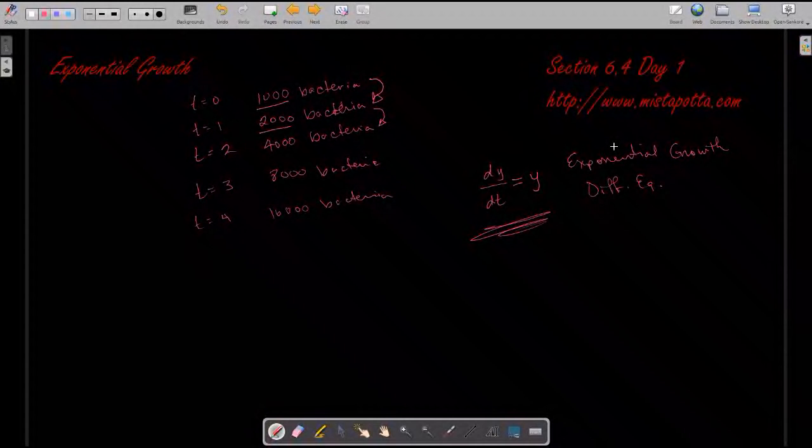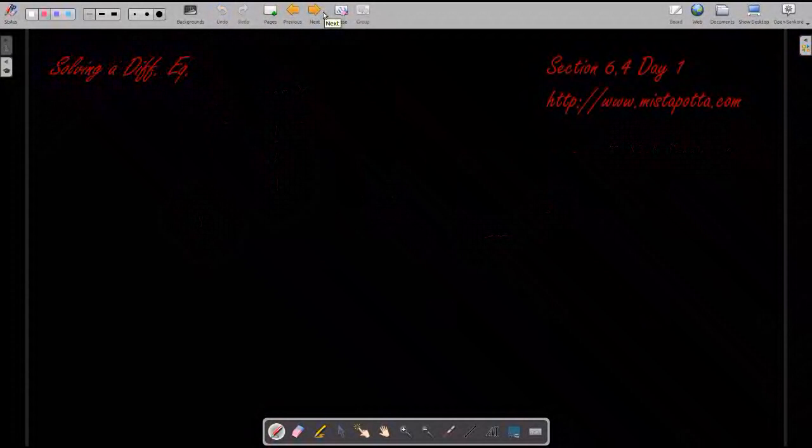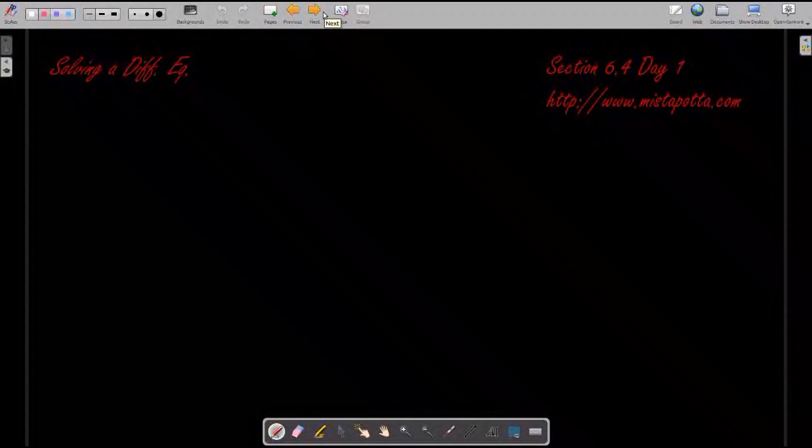So I want to talk about how we actually go about solving a differential equation. There's actually a 5-step process for this. So the very first thing that I want to do is I want to separate my variables.